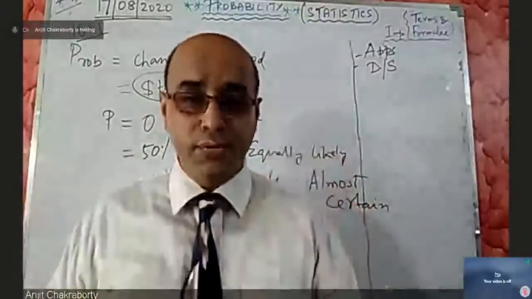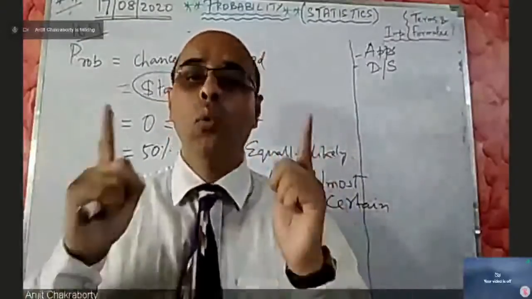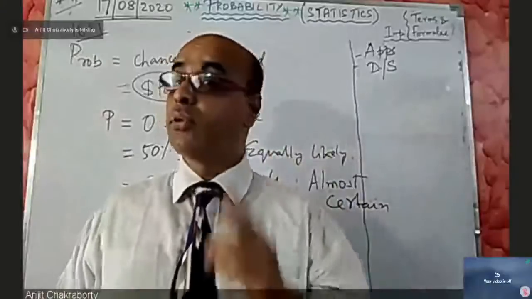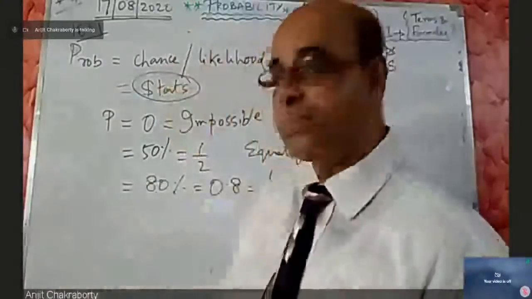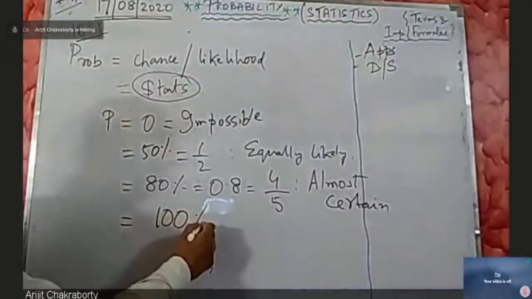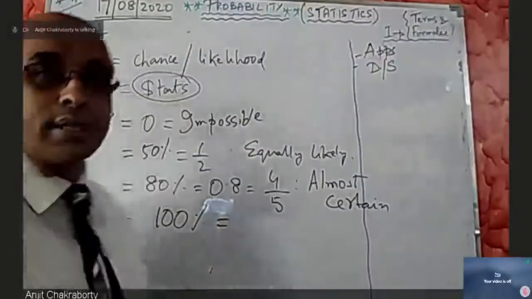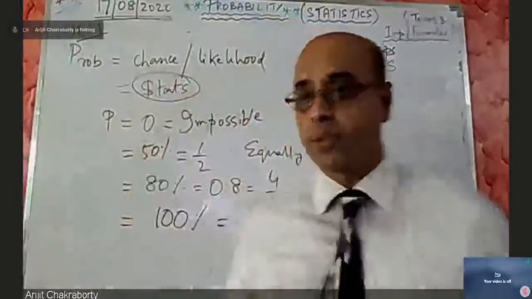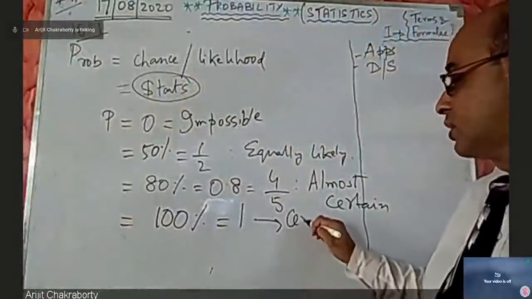If I am physically fine and mentally fine on the day of the exam, I will pass with flying colors. If you are so confident, very good, God bless. That means you are saying that your probability of passing is 100%. 100% means 1. And this we call a certain event.